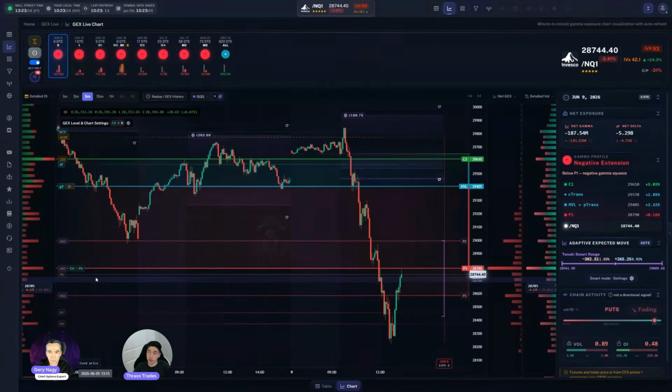So I pay attention to the HVL when we do approach it. Depending on where the HVL is in relation to the call wall or the put wall, it could be an area that I look for us to rotate back towards if we start seeing rejection and it's not such a large area between call wall, HVL, and put wall, because there are days where there's a lot of space and they are very far apart from each other, and other days where they're pretty close to each other.